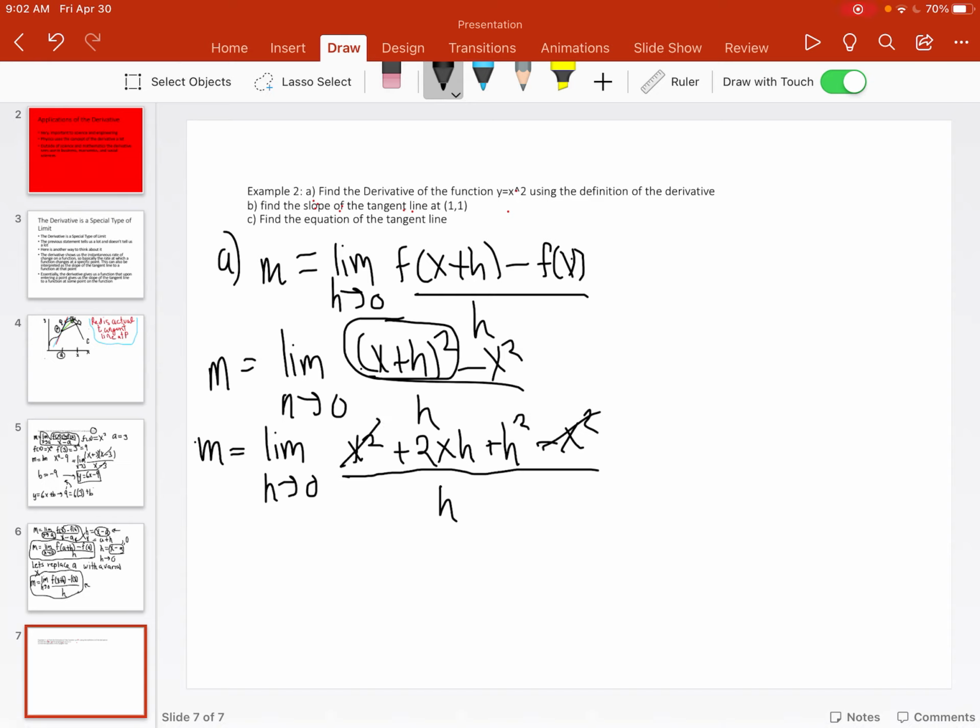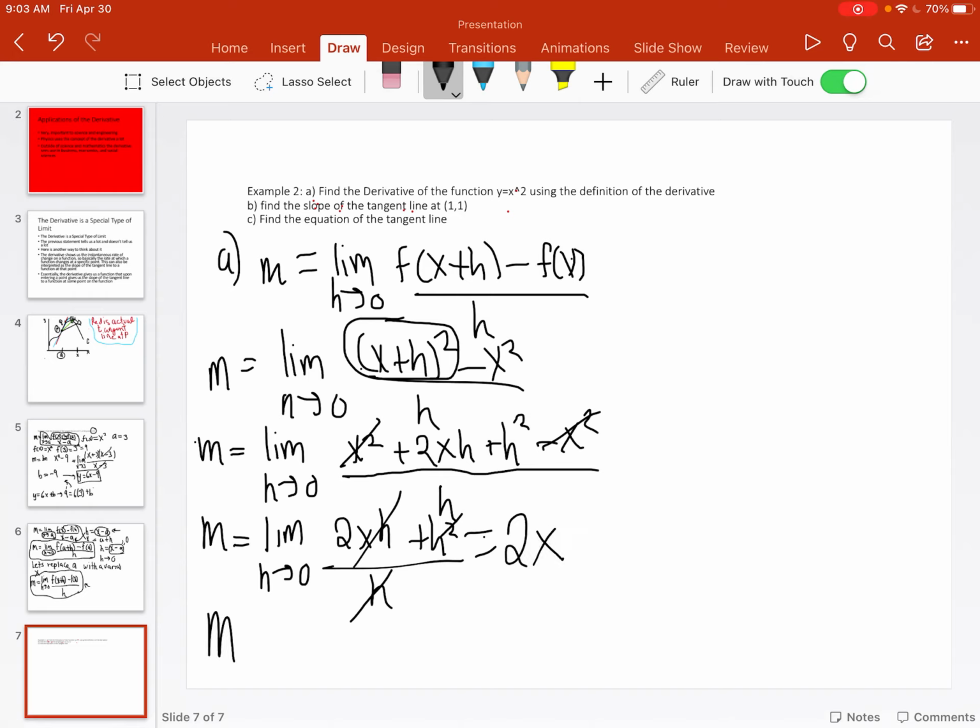These x squareds cancel each other out, and we're left with m is equal to the limit as h approaches 0 of 2xh plus h squared, all over h. So we got more cancellation, and we just end up with 2x. m, the slope of the tangent line, is equal to 2x.